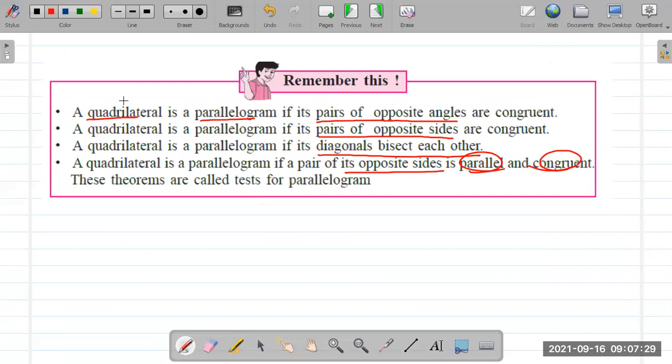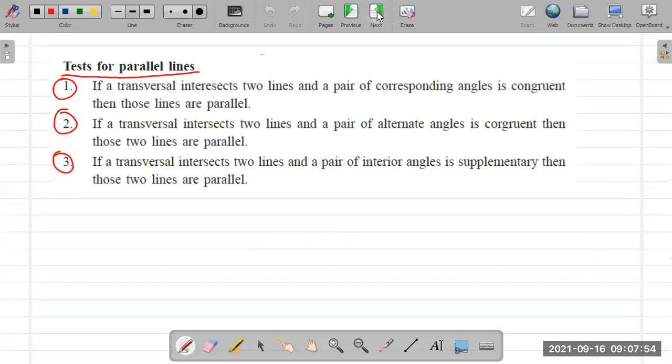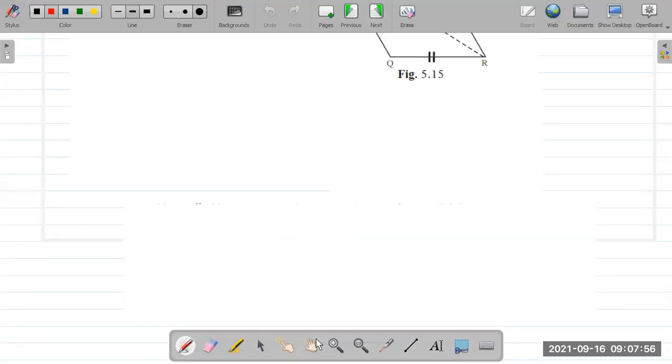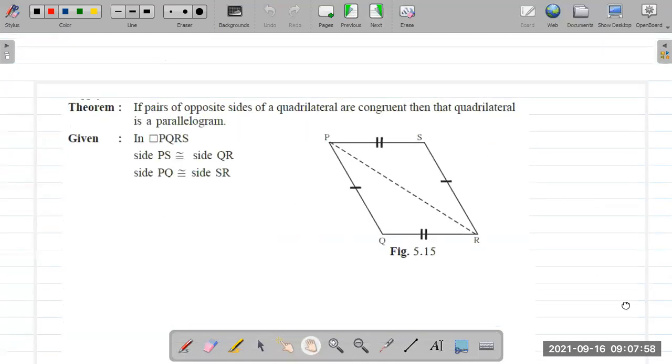So these are the 4 tests of parallelograms. To prove that a given quadrilateral is a parallelogram, we can use any one of these four properties. Now all of these four are theorems, and we should be able to prove them also. So let us start by proving the first one.